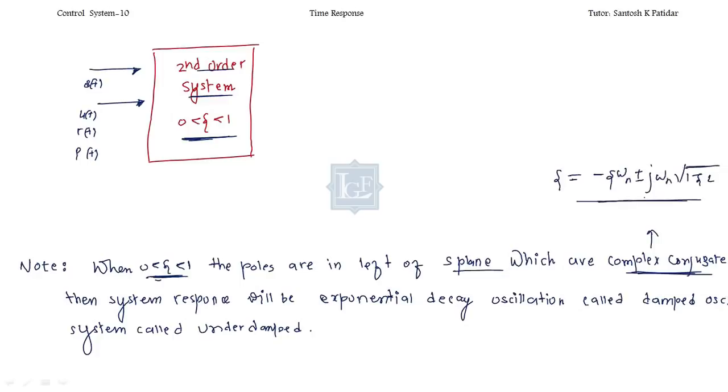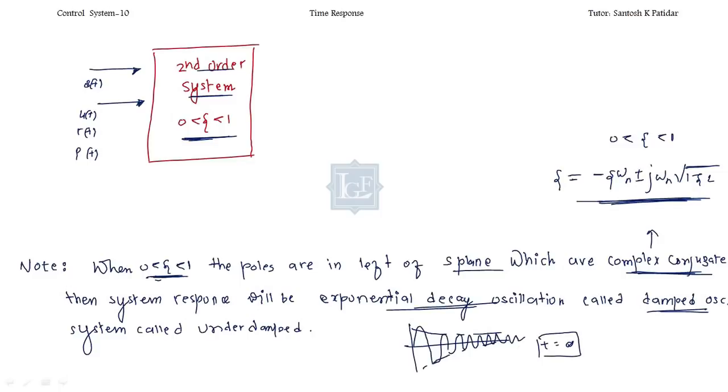These are complex conjugates if the range of zeta is 0 to 1. Then the system response will be exponentially decaying oscillation, called damped oscillation, and the system is called an underdamped system. So your system output will be like this, decaying oscillation. At t equal to infinity, your oscillation will die out.